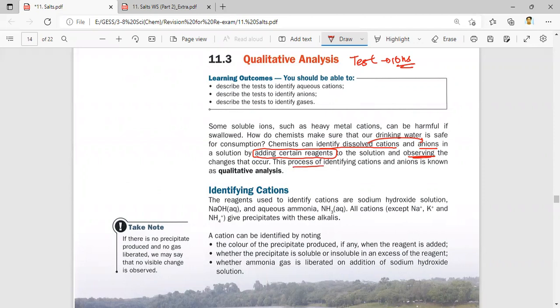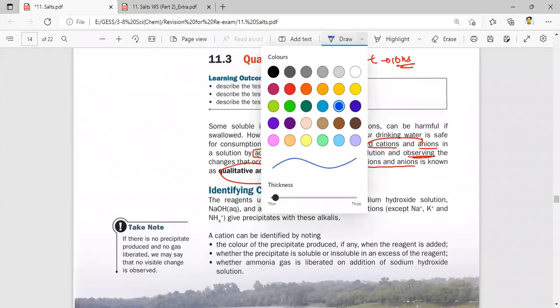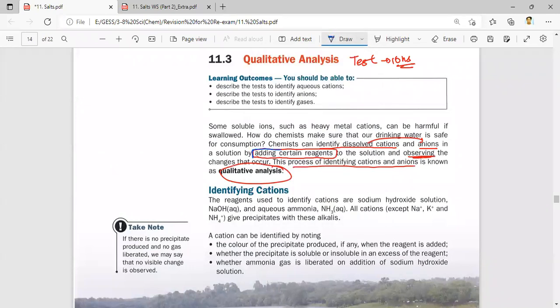So this process of identifying cations and anions, we call it qualitative analysis. So it's very important for us to be mindful of what we are adding. If we know what we are adding, and we know what we are trying to test, whether it is the anion or the cation, we will be able to determine what is the cation and anion present.